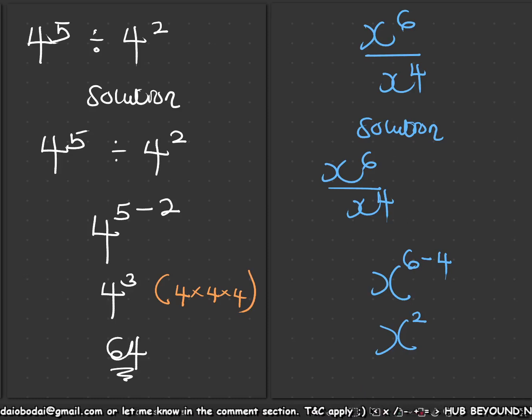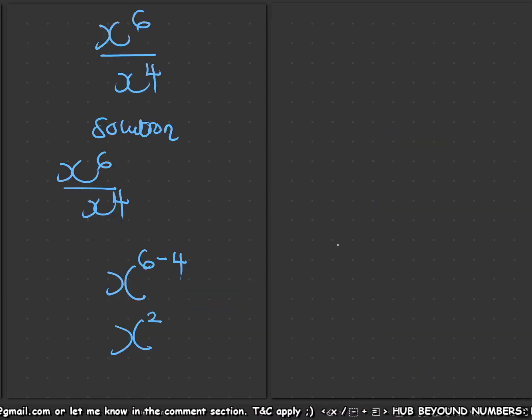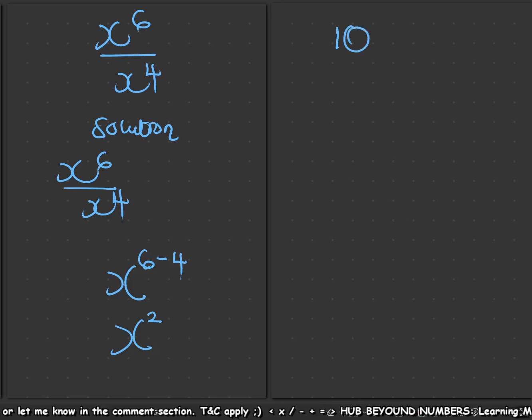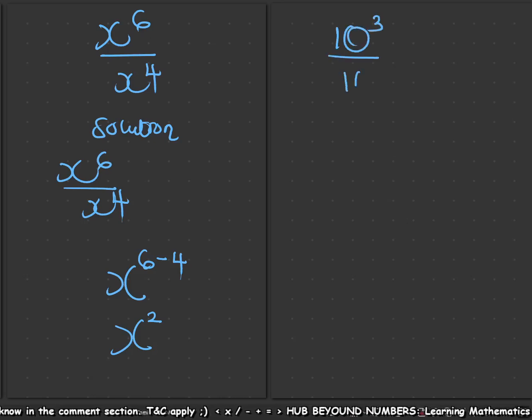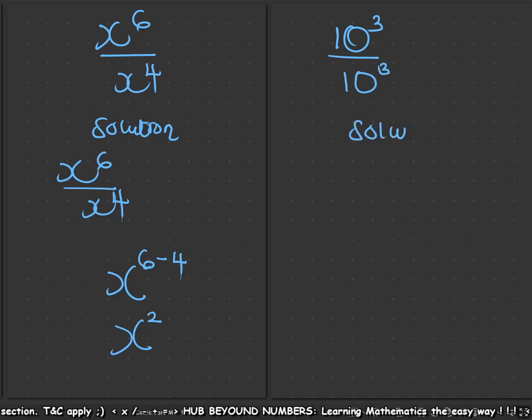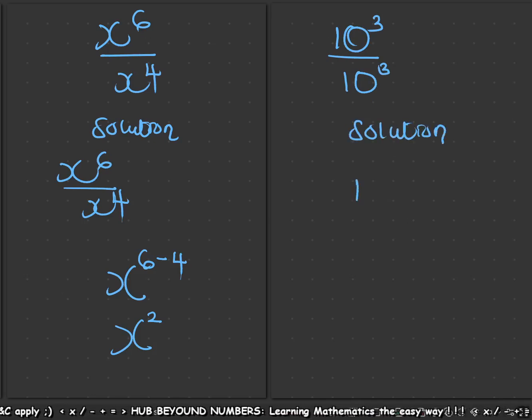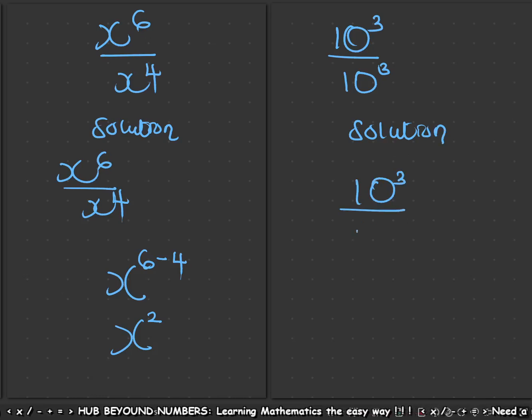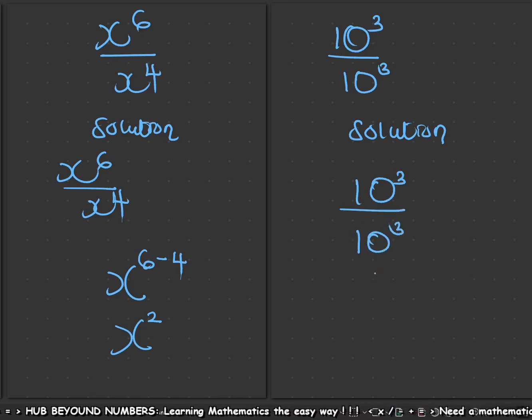Let's look at this last example here, which is very, very interesting. So we have 10 to the power 3 all over 10 to the power 3. Our solution. So writing 10 to the power 3, dividing it also by 10 to the power 3. We already know that the bases are the same.